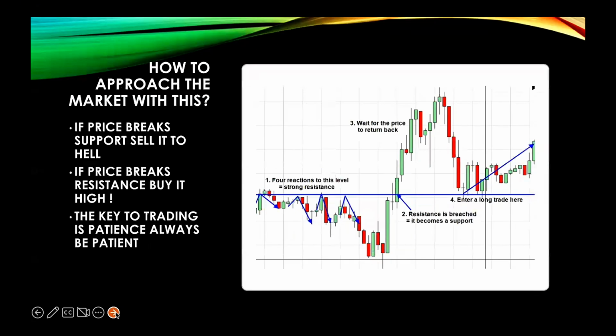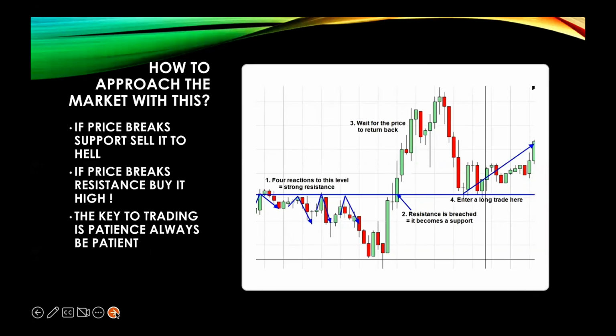All right. So how do we approach the market? That's the question that everybody wants to know, right? If price breaks support, so remember support is our floor, we're going to sell it. The same concept stands as I just discussed on the last slide. If price breaks resistance, we're going to buy it high.